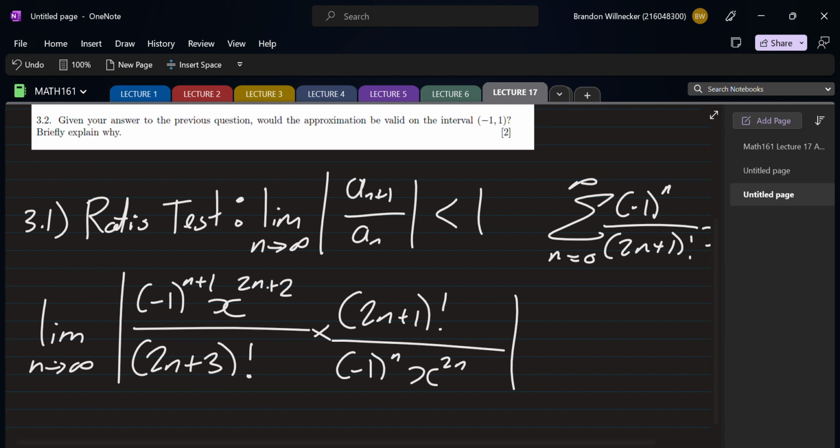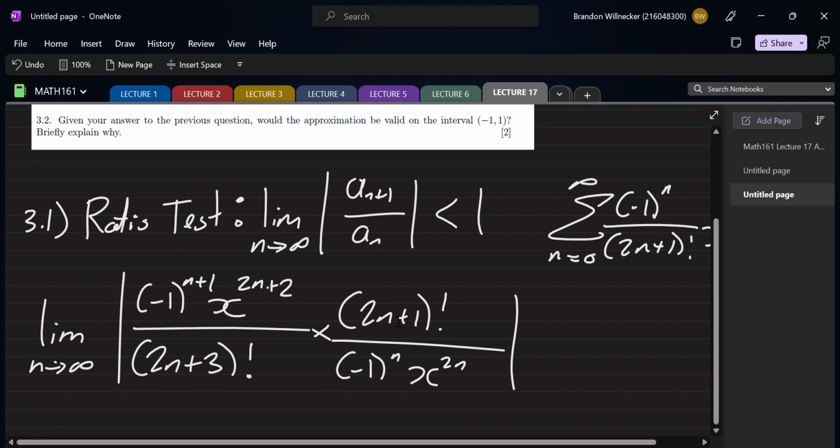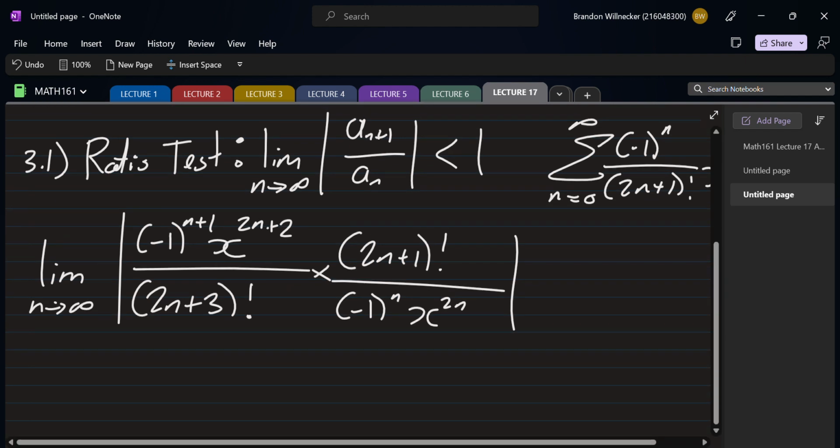That's fine as well. But when you simplify, you'll end up with something like this. Okay, now here we want to cancel these factorials. Here we've got 2n plus 1 factorial. Here we've got 2n plus 3. So they're close, but we can't just cancel them. We need to do a bit more work. But for now, we've got this minus 1 to the n plus 1 and the minus 1 to the n.